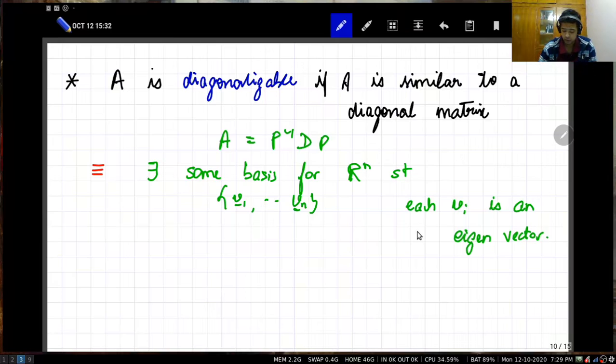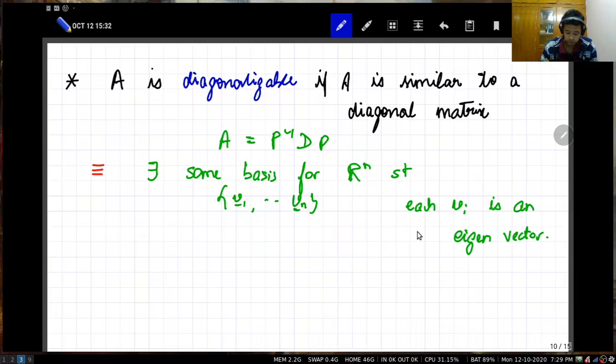So there exists some basis such that each vi is an eigenvector. In other words, we're doing a change of basis to Rn. We want to represent all vectors as linear combinations of the eigenvectors of A, and we know that if v1 through vn are the eigenvectors, then A times vi is equal to some scalar multiple lambda i times vi.